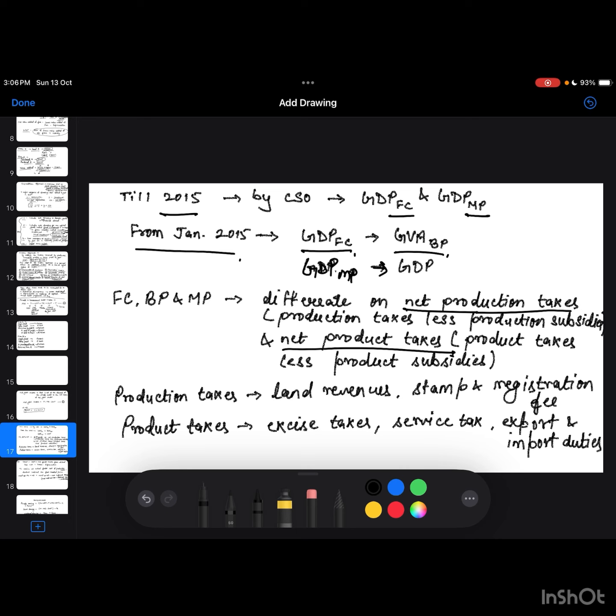Now production taxes are like land revenues, stamp and registration fee. Product taxes are like excise tax, service tax, export and import duties.